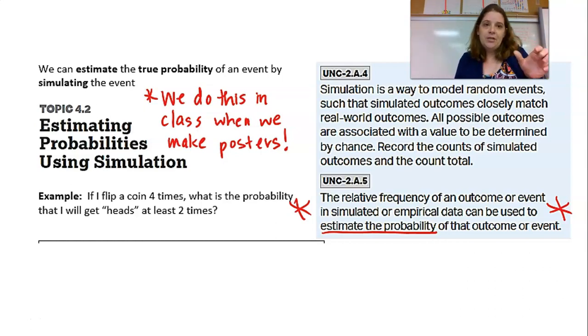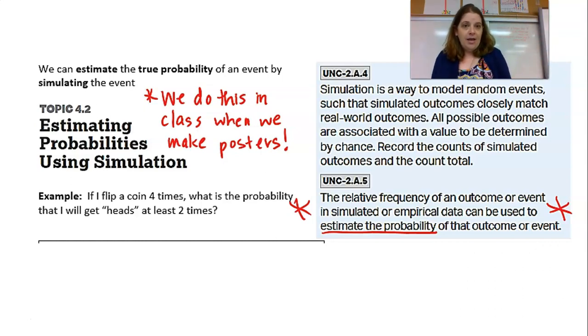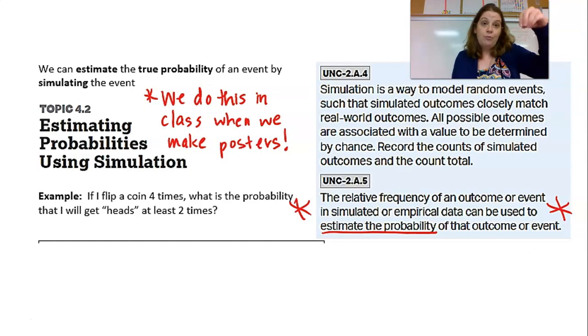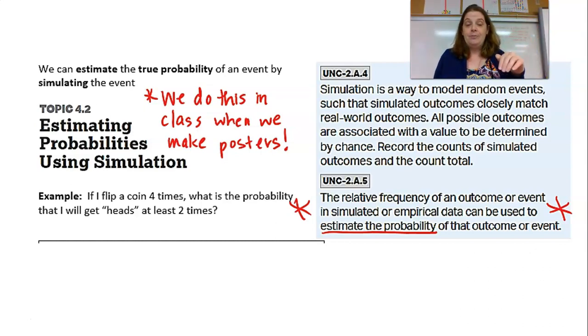So it wasn't just one person in the room pulling beans out of the cup, it was everybody. And we put our numbers together and we calculate the relative frequency of what we see in our simulation.